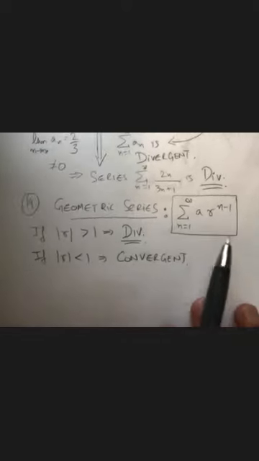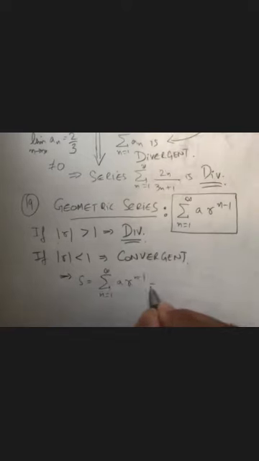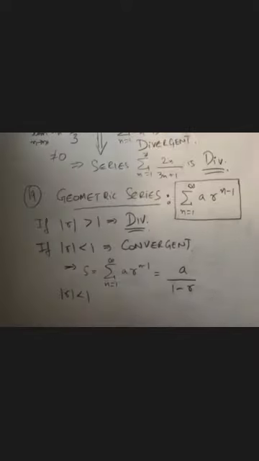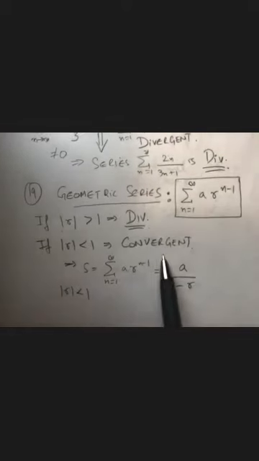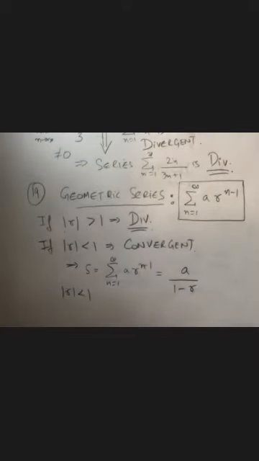And when it's convergent, the sum is given by this formula. So absolute value of r less than 1 means convergent, and then this is the sum.